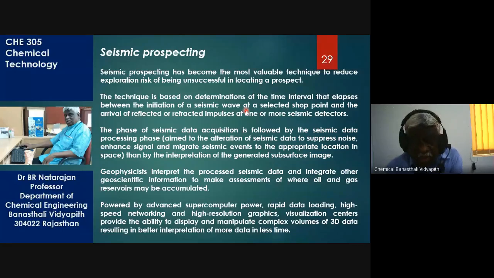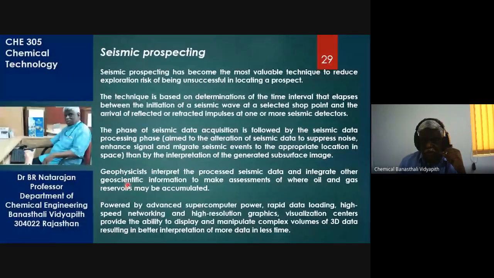So where I capture the shock wave, I analyze, right? So by analyzing the shock wave, it is possible to predict whether that particular location has an oil reserve or not. Okay.